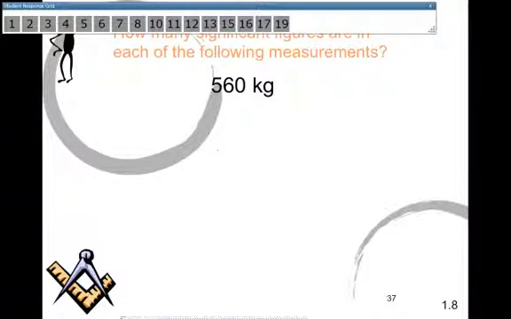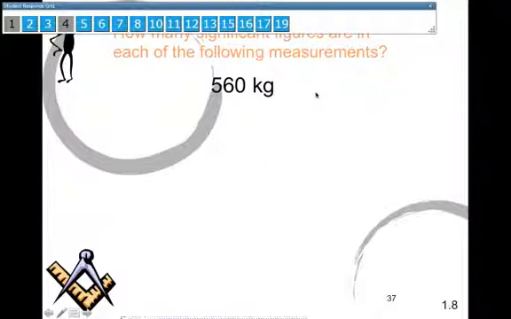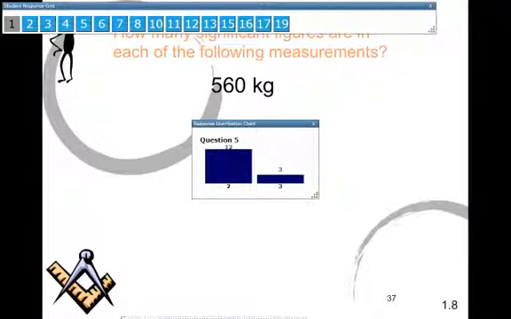Okay, this number. Who's number 4? It is 2.